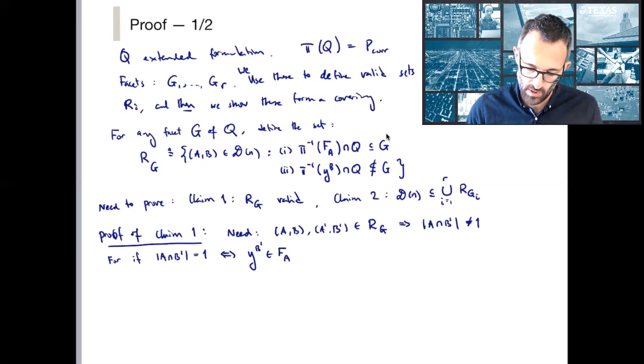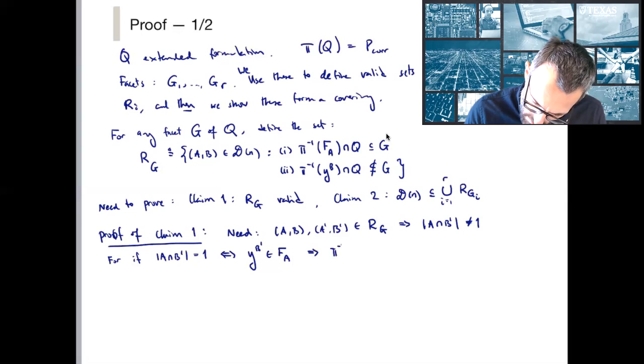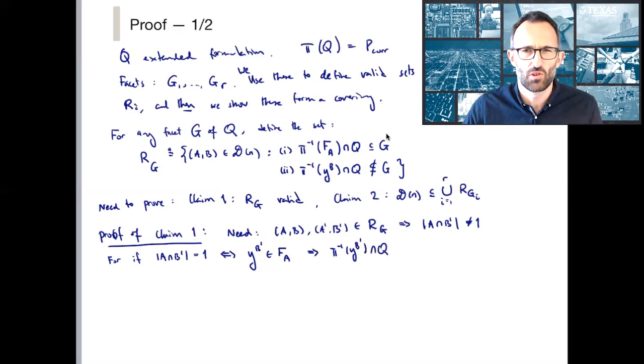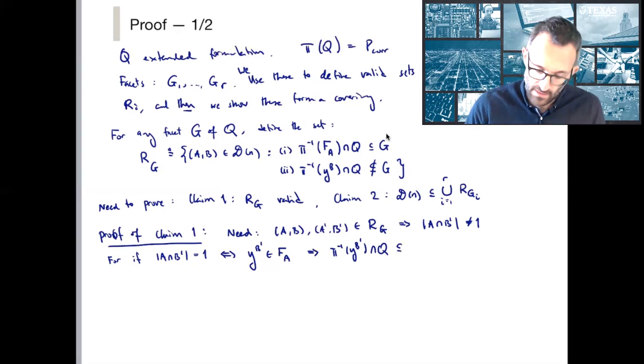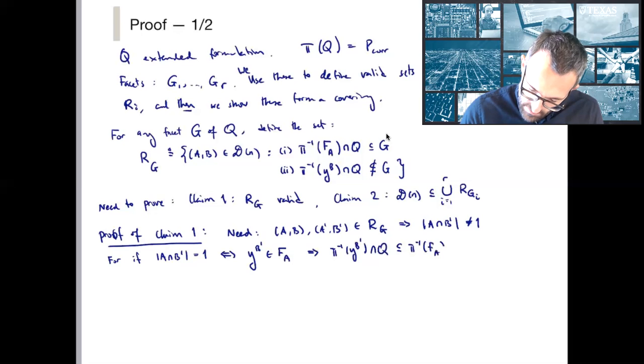But what does that mean? This certainly implies that the inverse image of Y_B' in Q, intersecting with Q because pi is an affine map, so all of the points of Q that map onto Y_B', if Y_B' is in F_A, will certainly be contained in pi inverse of F_A.